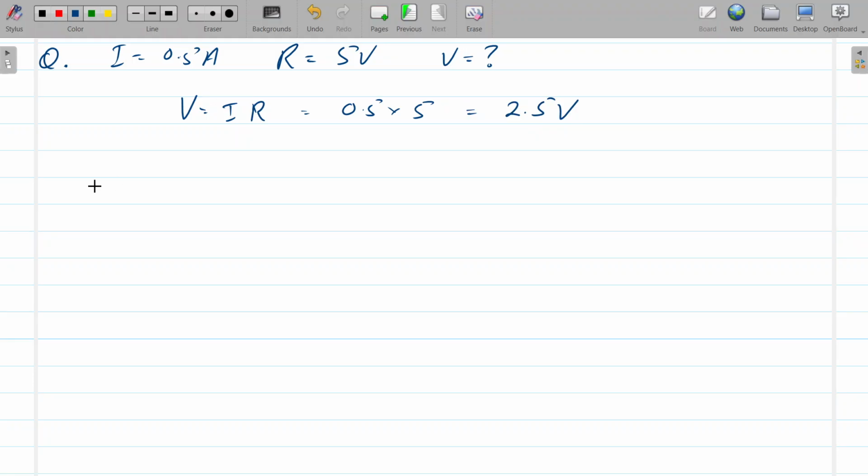Another question. The potential difference is 12 volts and the resistance is 24 ohms. What is the current? What's the equation we'll be using?